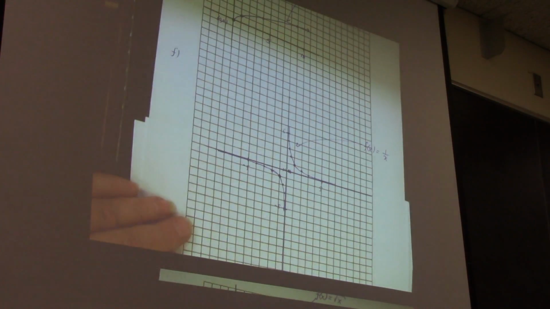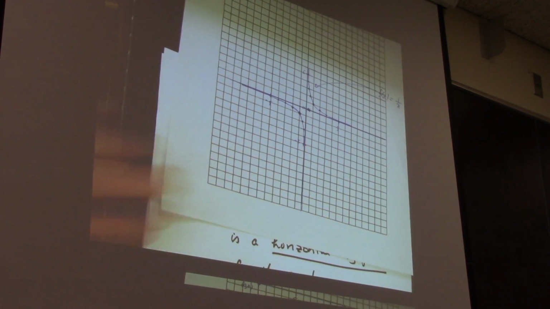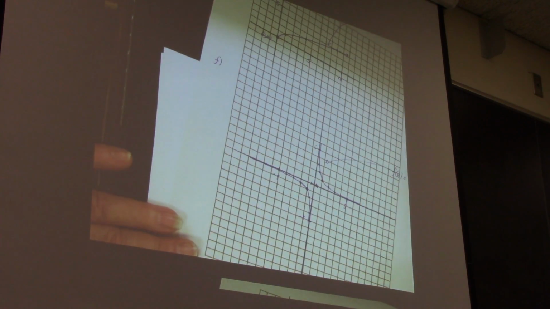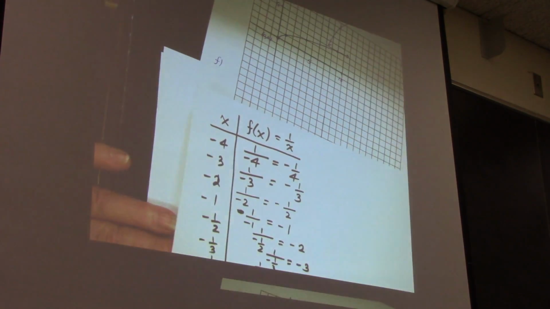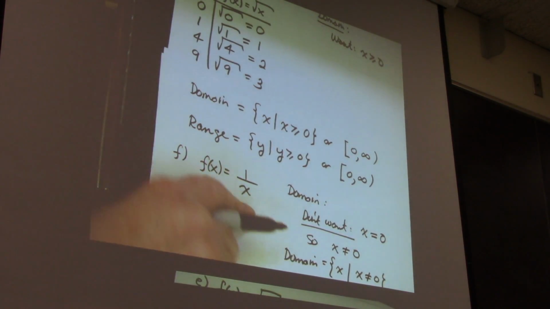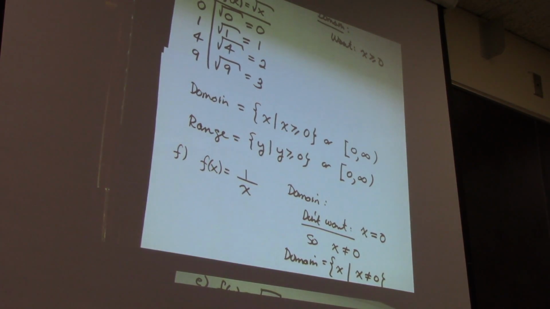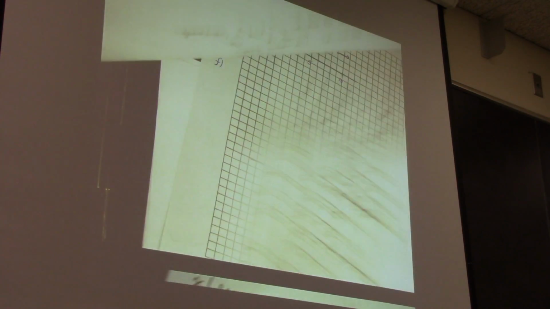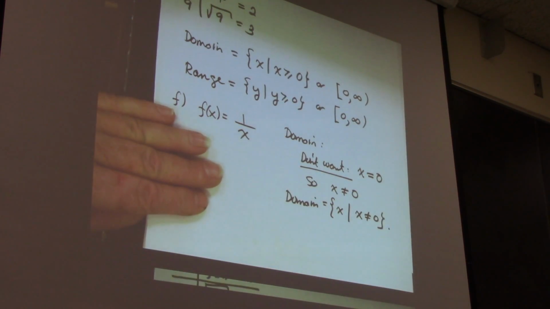Of course, we knew the domain of the function because we looked at the function and said, uh-oh, I can't plug in x equals 0. My domain is the set of all x such that x is not equal to 0. Of course, I can get that from the equation.